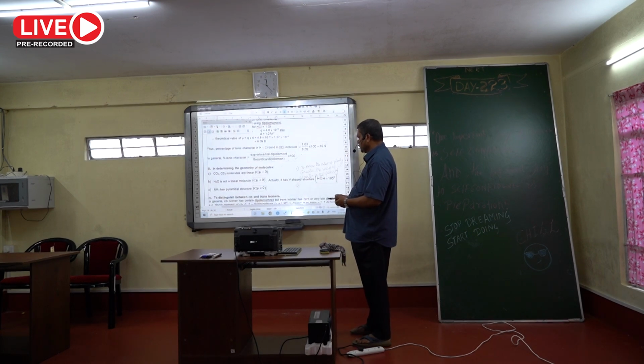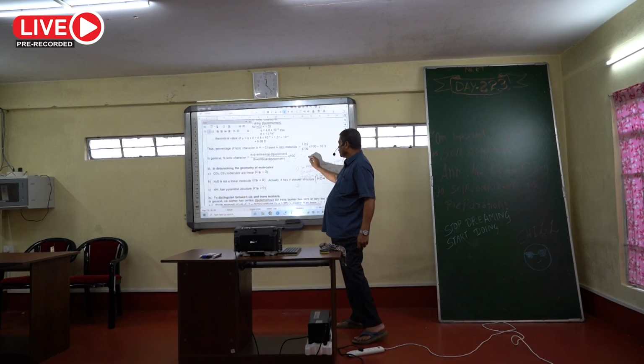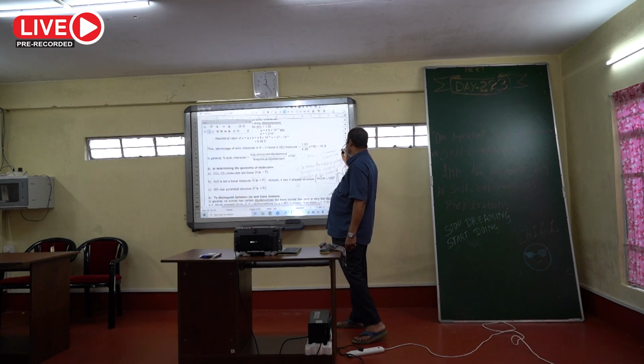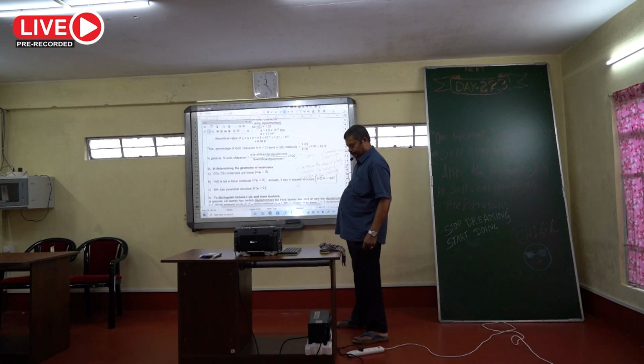Percentage ionic character is equal to mu observed. That can also be expressed in a different way: mu observed by mu for 100% ionic into 100. So write this formula, write this one also.